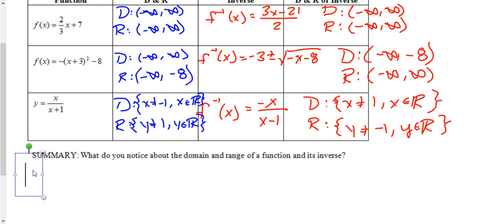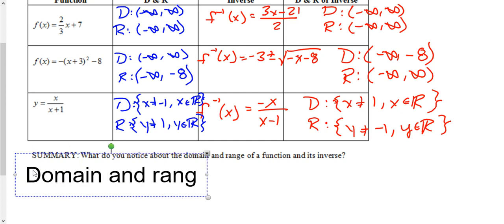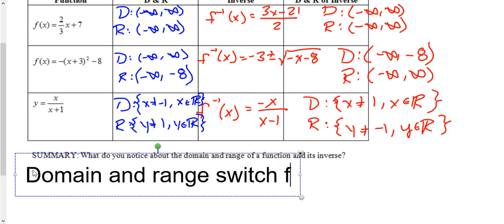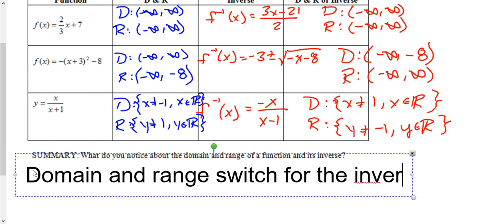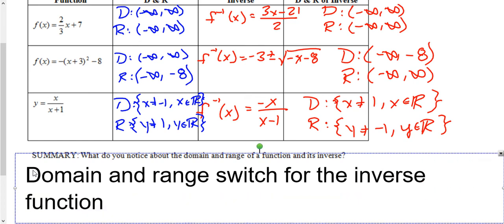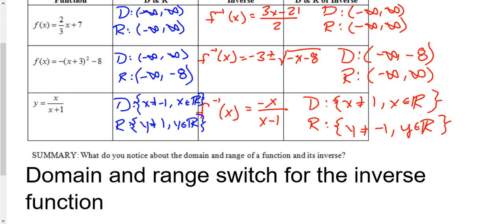There we go. Domain and range switch for the inverse function. All right. Moving on to example 4.